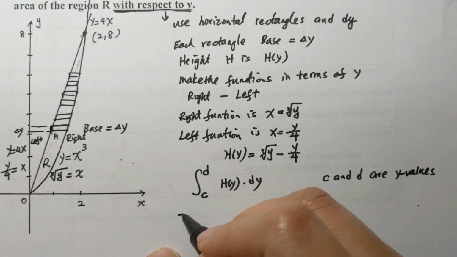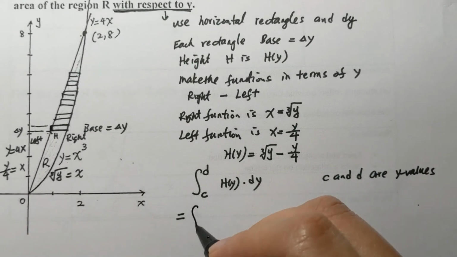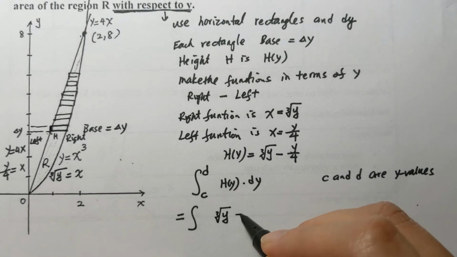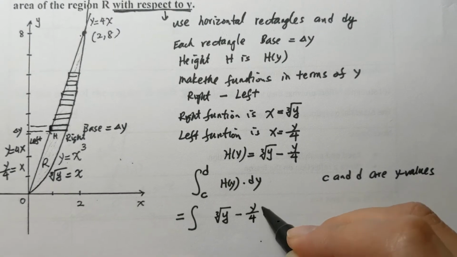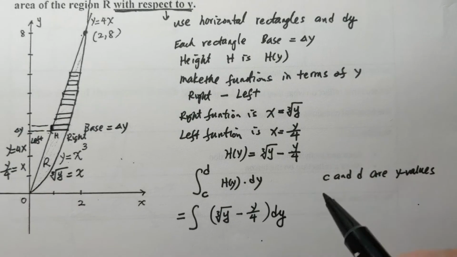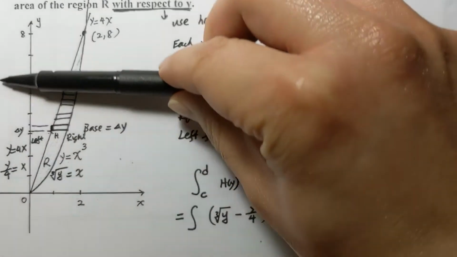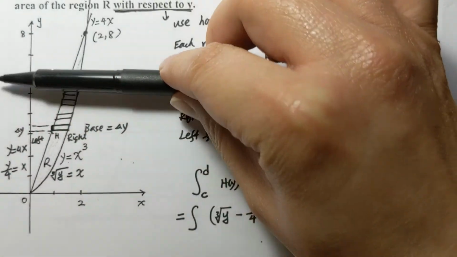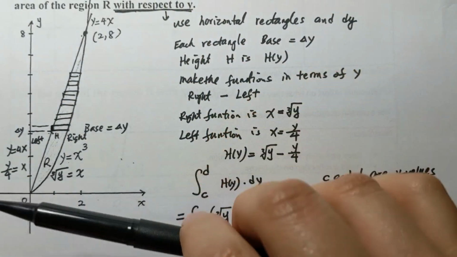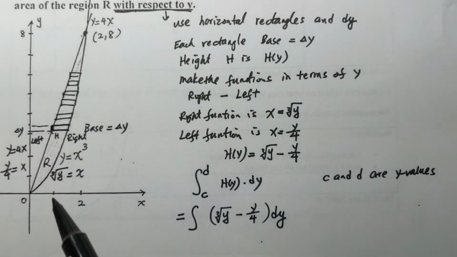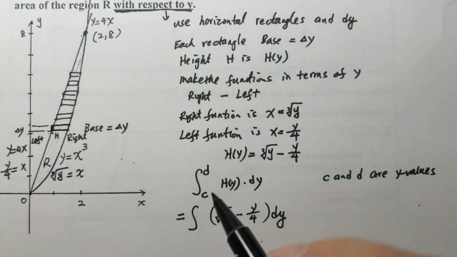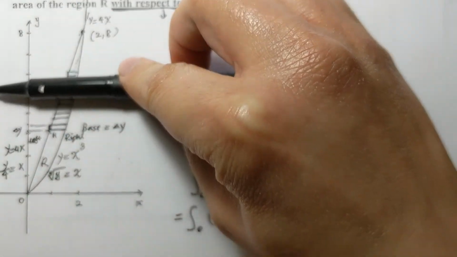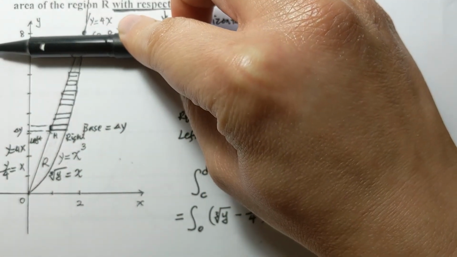So now we are going to have the integral of my right function minus my left function, dy, because you're going this way this time. All your rectangles are this way. So what should be the lowest y value? The lowest y value is 0. You start over here. What should be the biggest y value? You go, and then you stop at 2, 8.